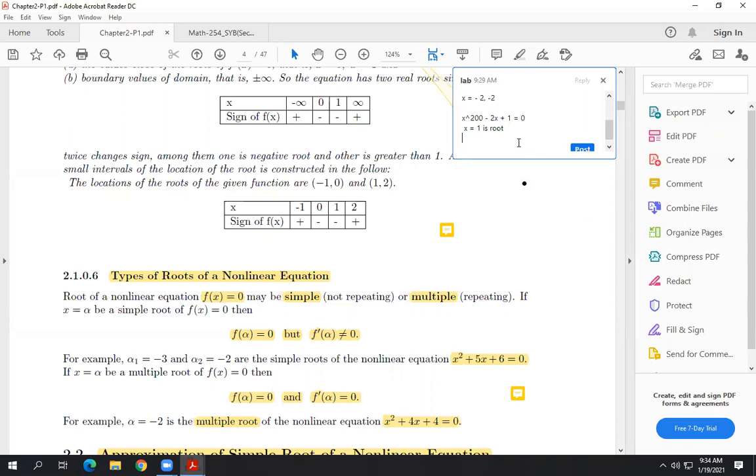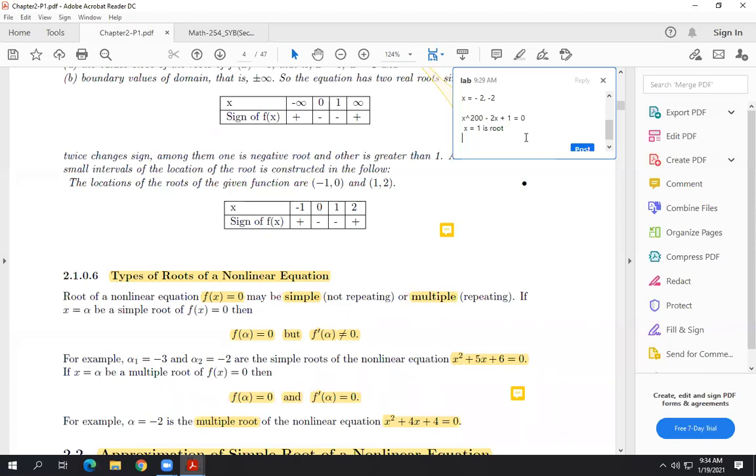Now you have the idea. Can you now tell whether this is a simple or multiple root, please? Multiple. How do you know it is multiple? From the calculator. Calculator is no good.